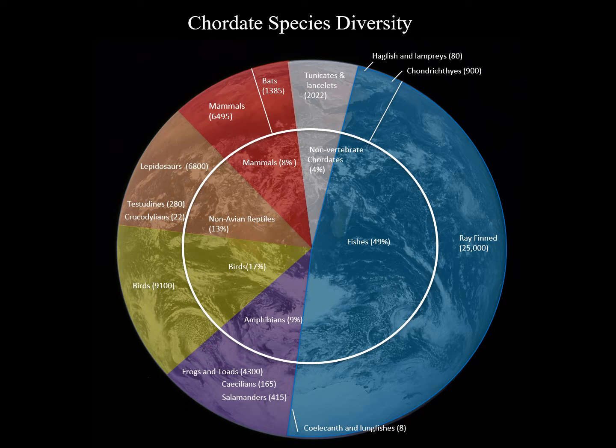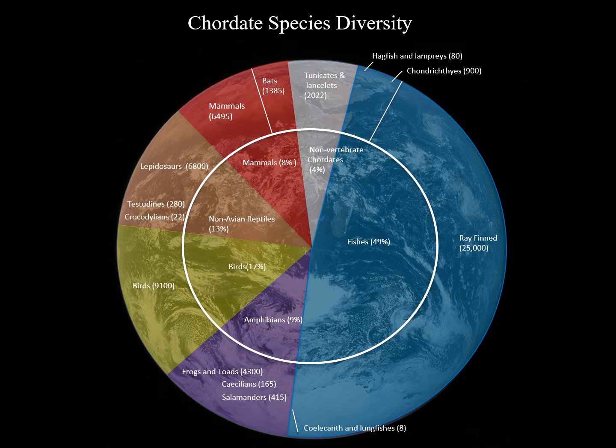So you can see this huge, almost 50% of the pie is composed of indeed fish. And of those, there's some hagfish. There are few, like 80 species of hagfish and lampreys. There are about 900 species of chondrichthyes, so these are the sharks and the rays. And almost all the rest are ray-finned fishes.